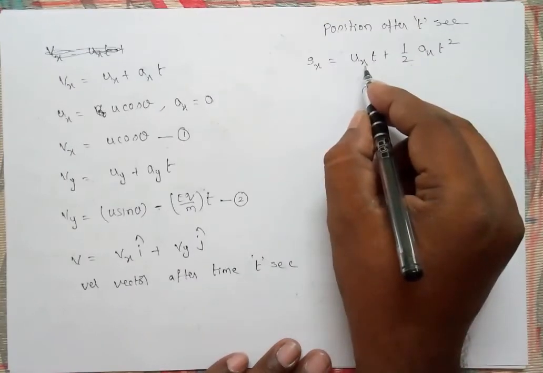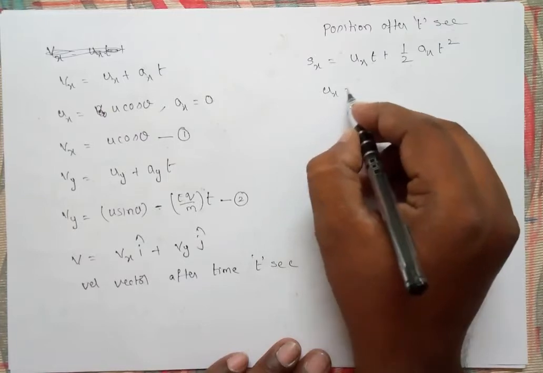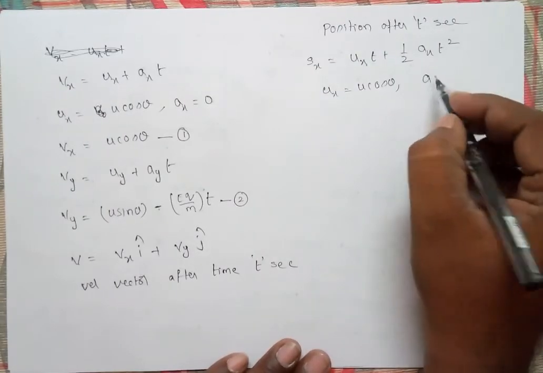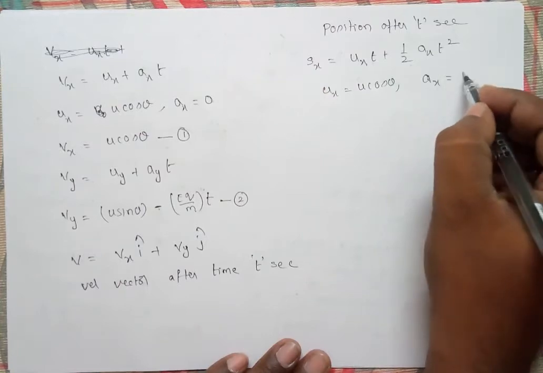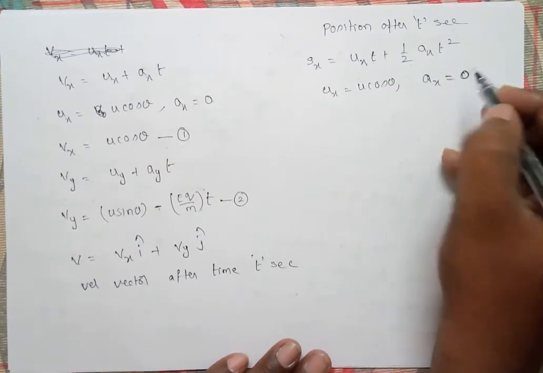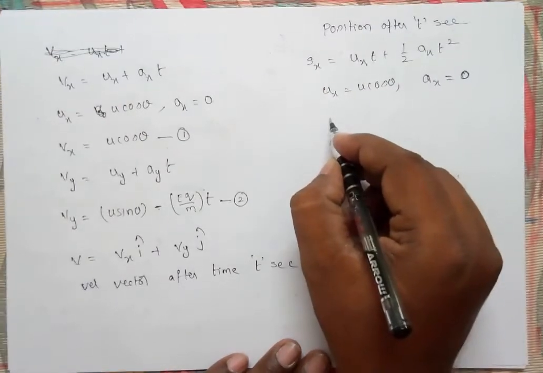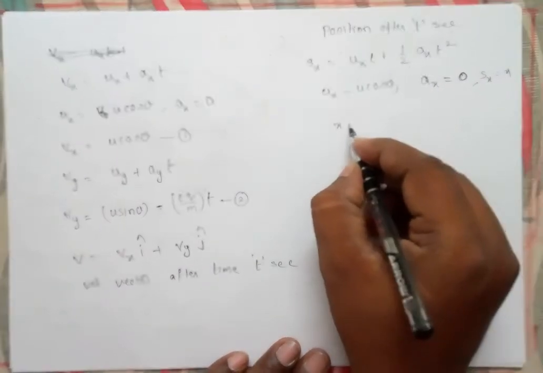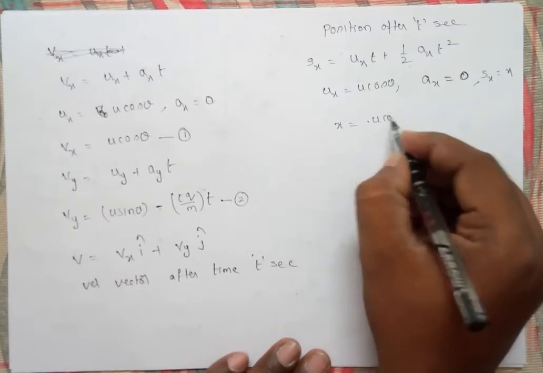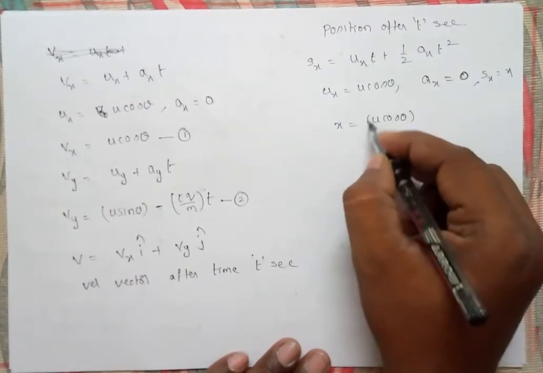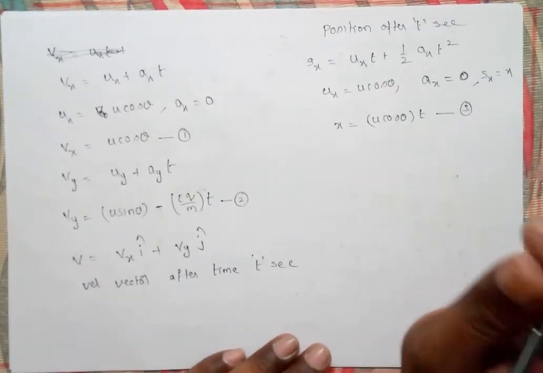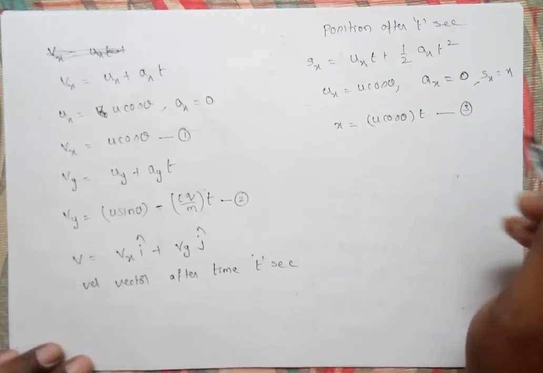Initially the horizontal velocity ux is u cos theta, but is there any acceleration along the x-axis? No. So acceleration along the x-axis is 0. Therefore we can write the formula x equals u cos theta into t. This is the horizontal distance traveled by it.